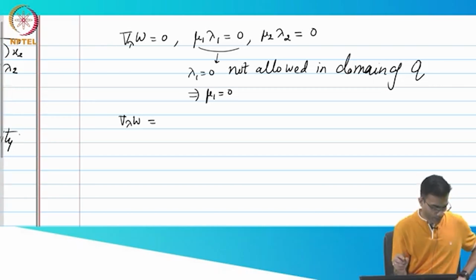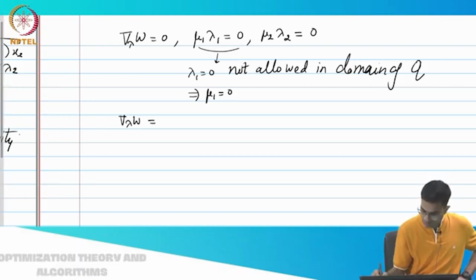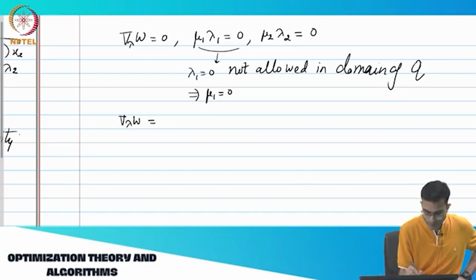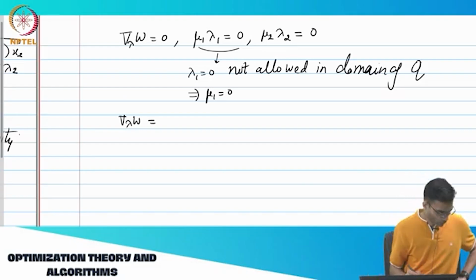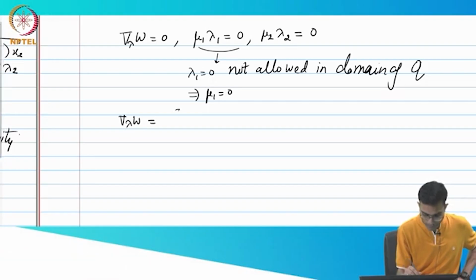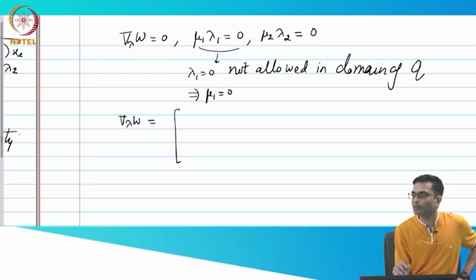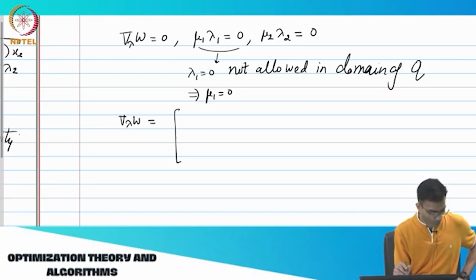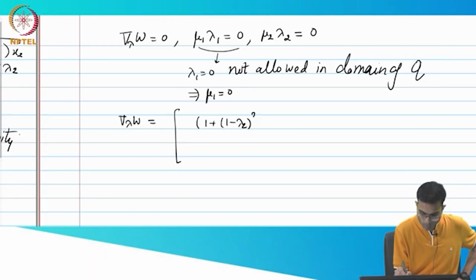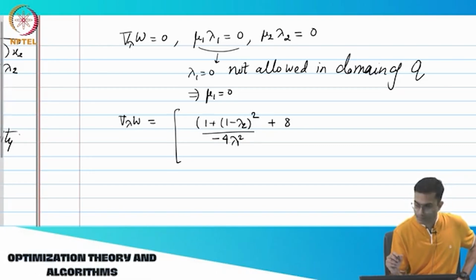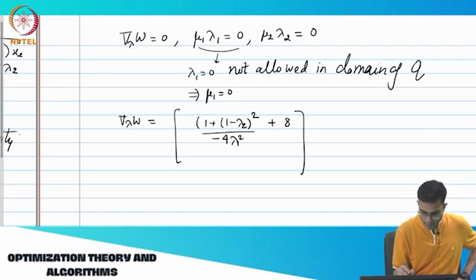So what is this Lagrangian? So let's look at the expression you have for W and take a derivative with respect to lambda 1. What is the first term that you will get? Lambda 1 is only in the denominator, right? Yes, so I'll get a minus 1 by lambda squared. So this is going to be 1 plus (1 minus lambda 2) whole squared divided by minus 4 lambda 1 squared, and 8, right? This is the derivative with respect to lambda 1.